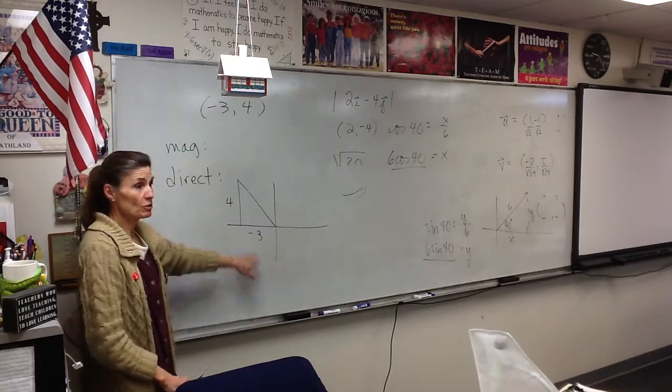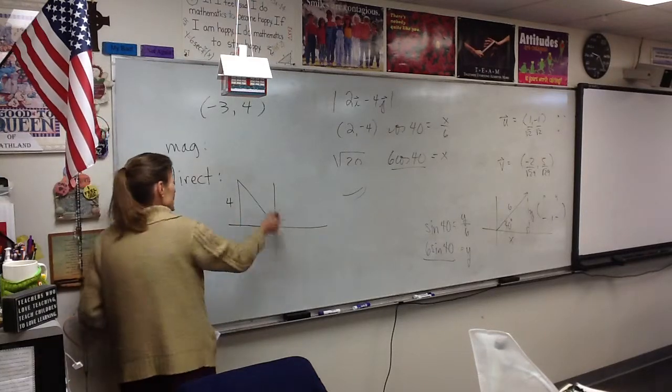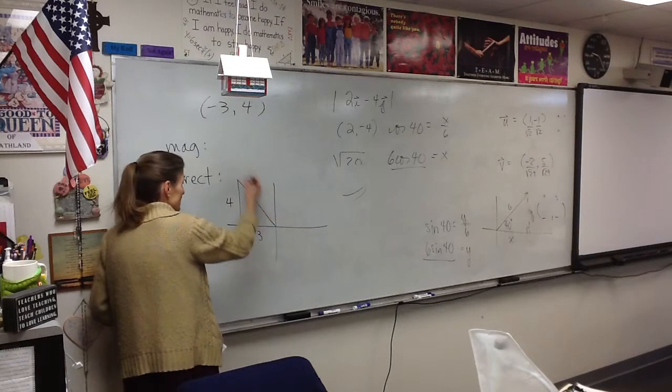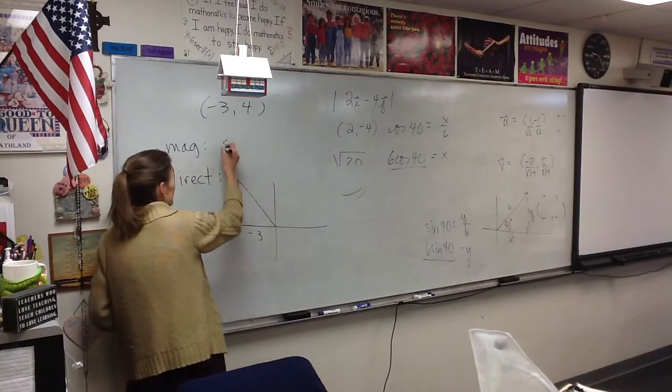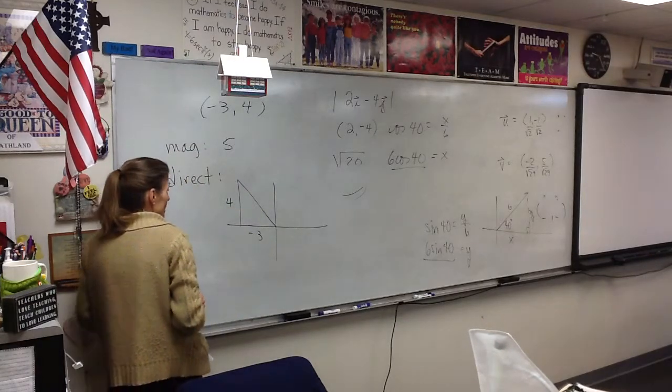Everybody okay with that picture? That's your x and y. Now you need your magnitude. What's the magnitude? 5. Pythagorean theorem. Square, square, add them up, take the square root.